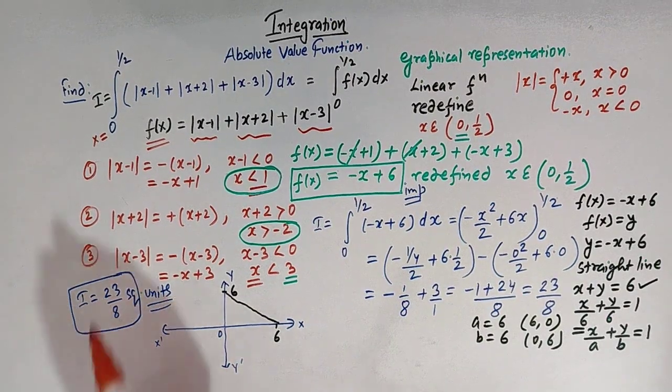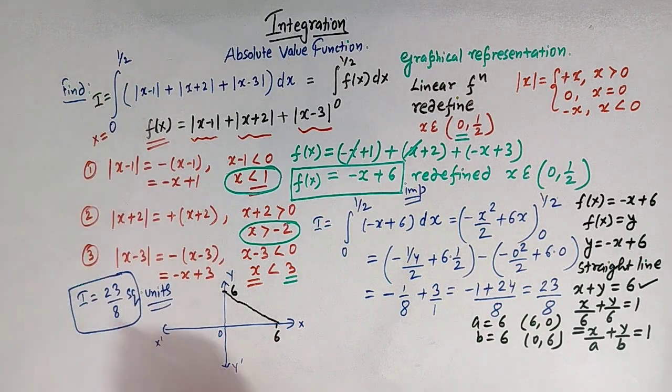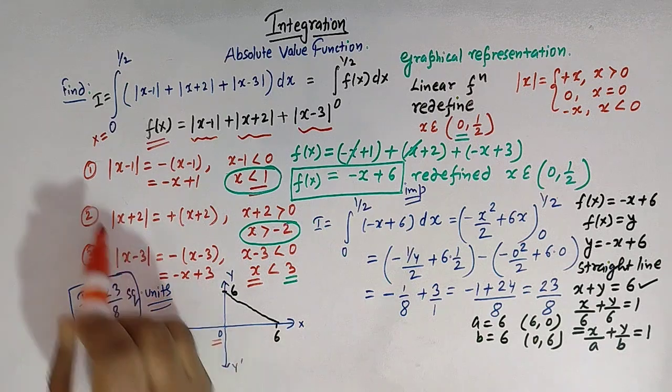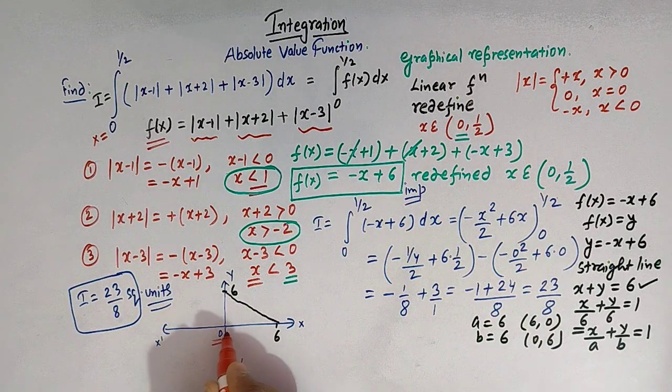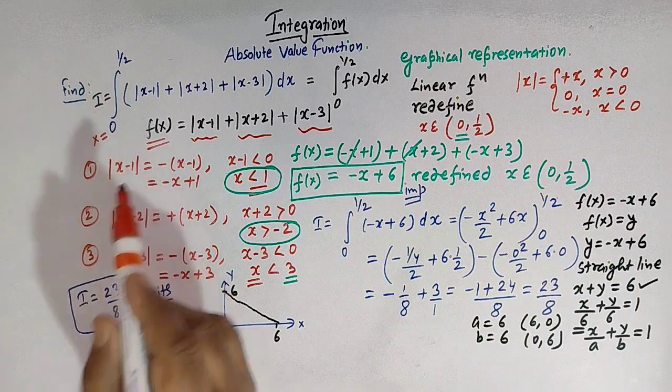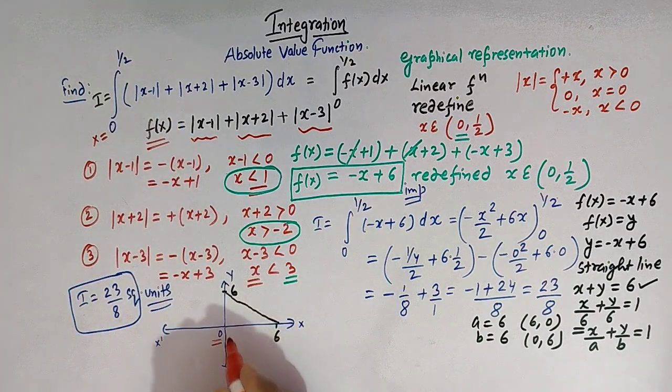Now see, we have to integrate from 0 to half, right? So here this is our lower limit, that is x is equal to 0, and we can take half as the upper limit, and we can take it somewhere here. So this is a rough diagram, so we can take half somewhere here, right? So now we have to integrate from 0 to half, right?